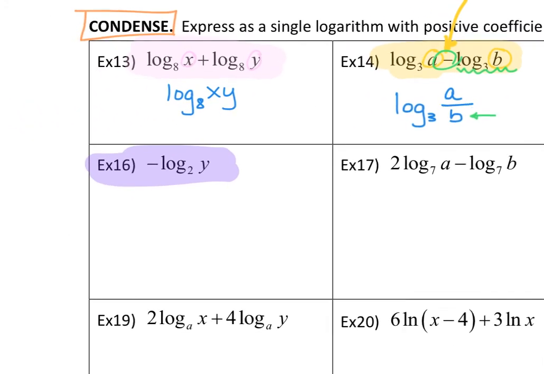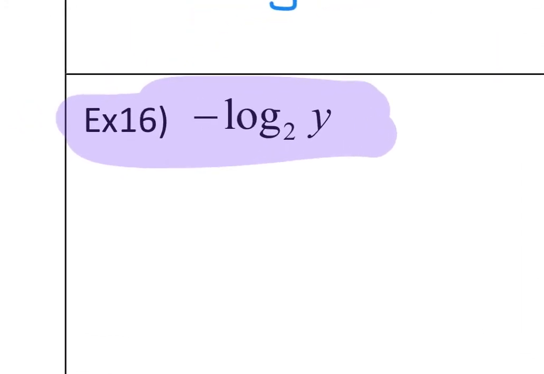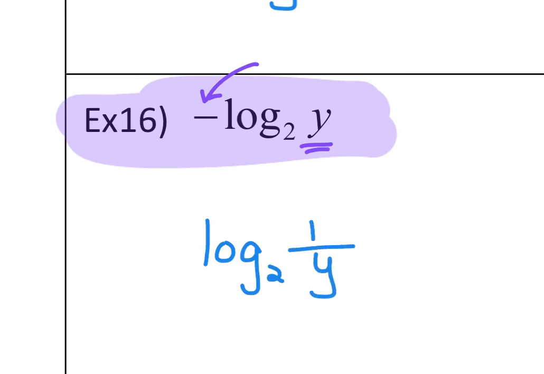And then the fourth example here, if you have that minus sign out in front of the logarithm, that just makes the y a denominator. And so this is going to be log base 2 of, you don't have anything for the numerator, so you have to fill in a 1, so 1 over y.